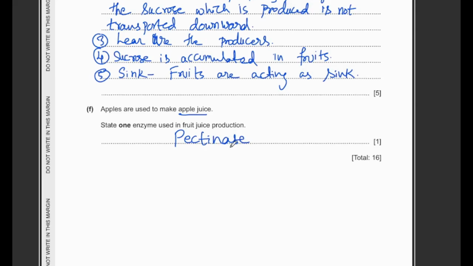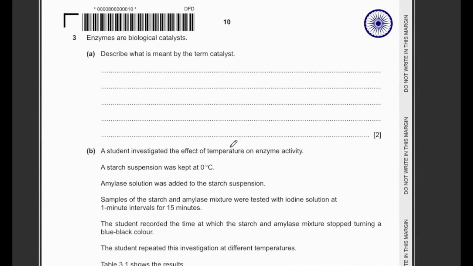Next one. So we have done 2 questions here. And now describe what is meant by the term catalyst. Enzyme topic, ATP topic, evergreen favorite topic for the Cambridge year. What do you mean by enzyme here? Now enzymes are biocatalysts, and what do you mean by catalyst?